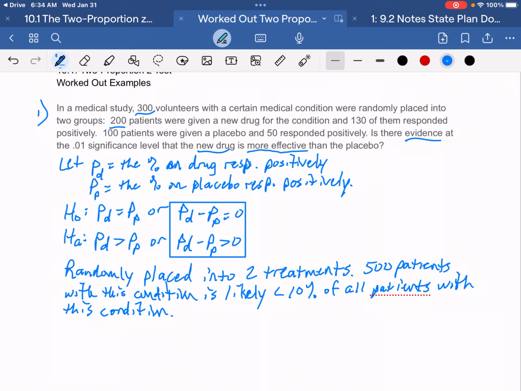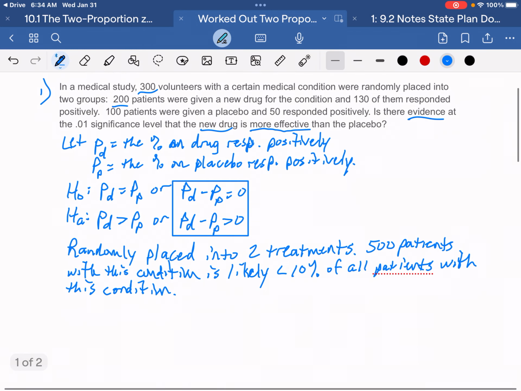Now, usually for the expected number of successes or failures, sometimes I write, sometimes I make a table. So I'll just say this. So let's see, the new drug is more effective.